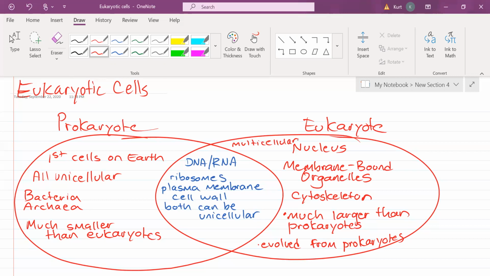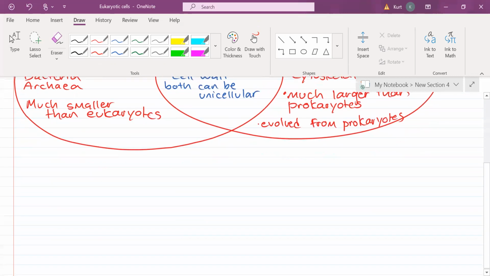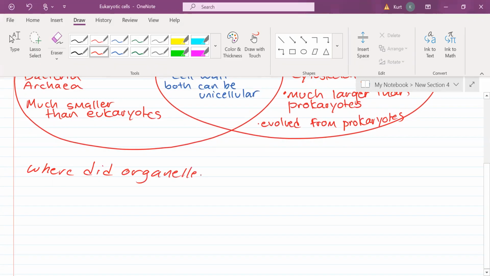All right, so let's get into where all these organelles came from. Organelles are basically mini organs. I'm sure you remember from Honors Bio, Golgi apparatus, endoplasmic reticulum, ER, lysosomes, all those different types of organelles.